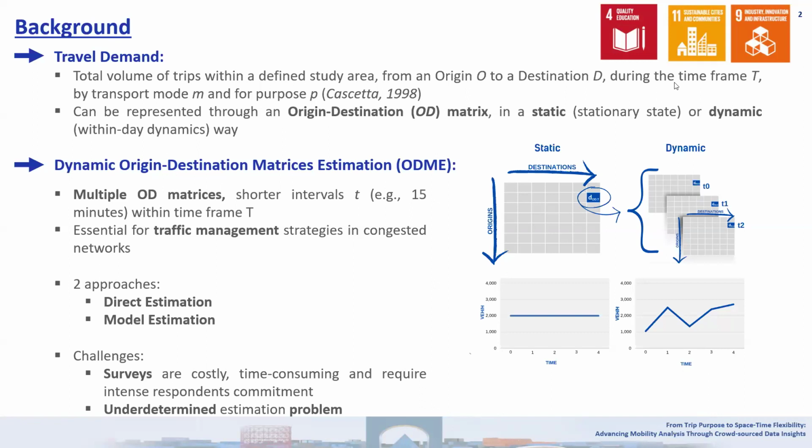We usually teach our students the 4-step models: generation, attraction, distribution, and choice. But it can be quite easy in some contexts, for example, for commuting trips.